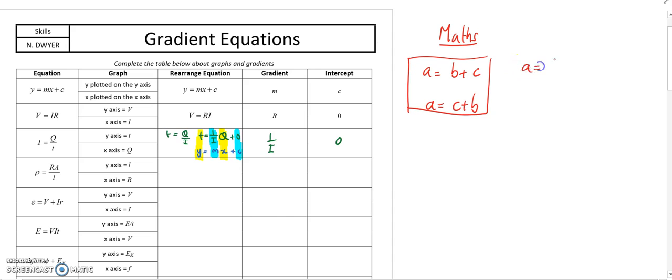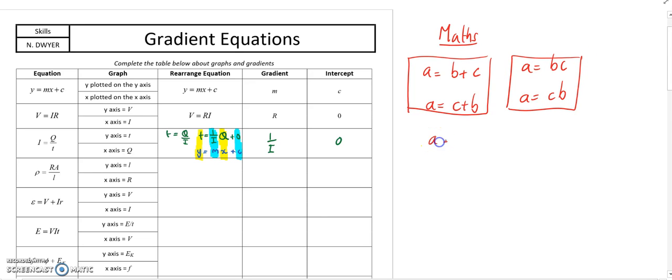We can do the same with multiplication. So A is B times C. So that equally works. A is C times B. Again, as an example, if B is 2 and C is 3, 2 times 3 is 6. 3 times 2, also 6. We can do the same with division.